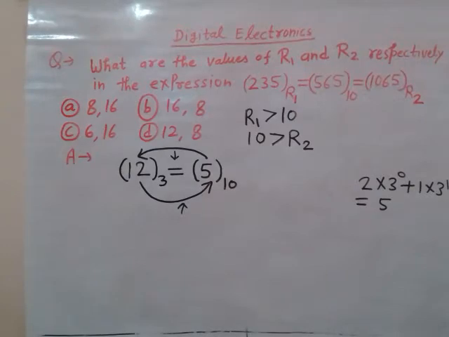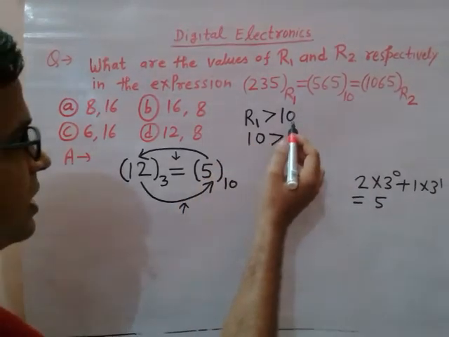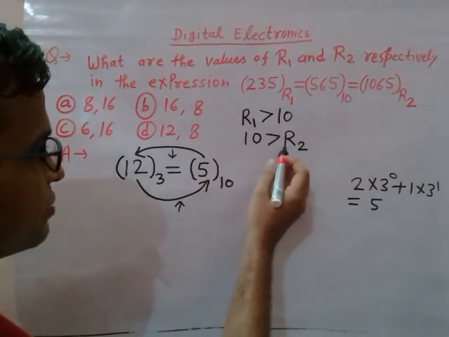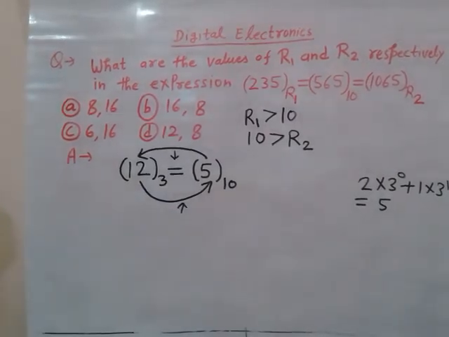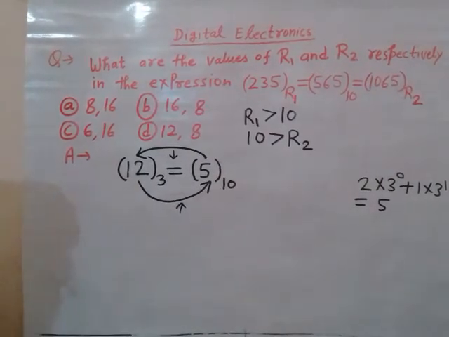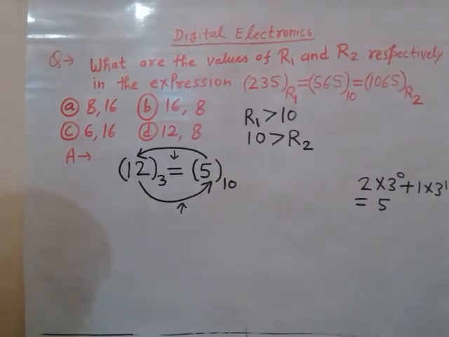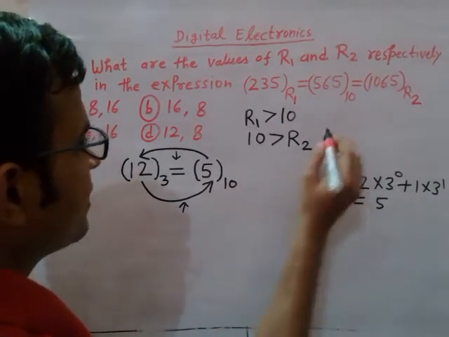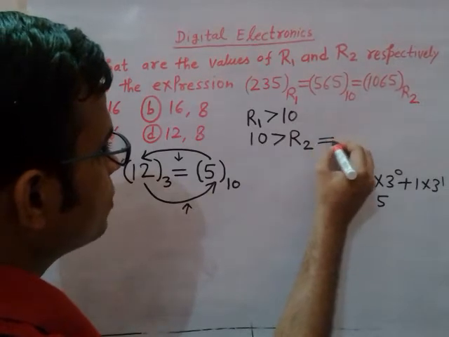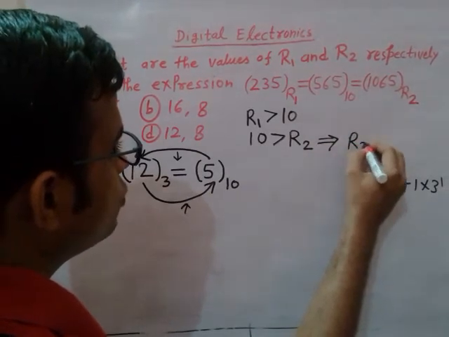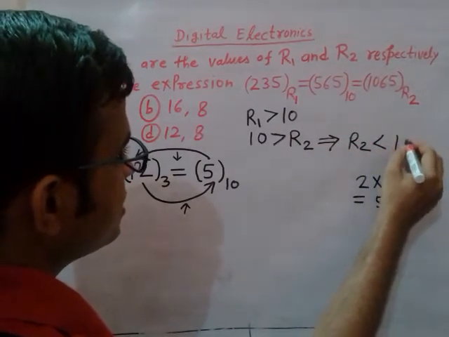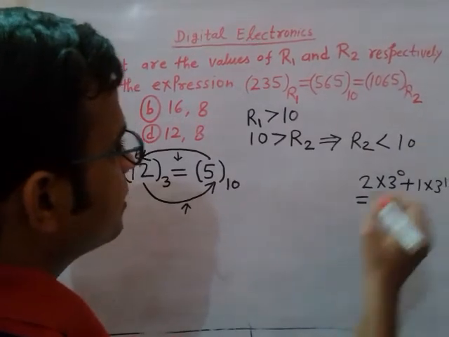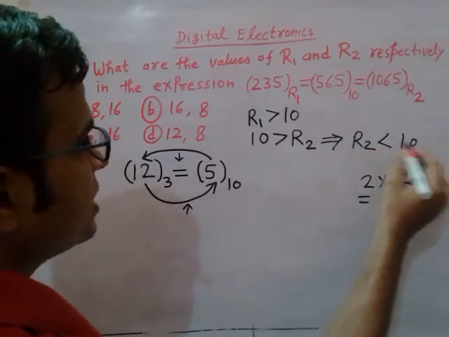So now you understand why R1 is more than 10, why 10 is more than R2, right? Correct? So now since 10 is more than R2, or you can say R2 is less than 10, definitely.